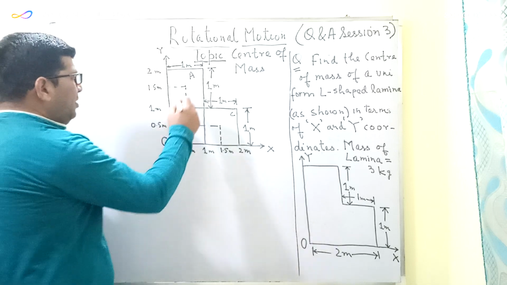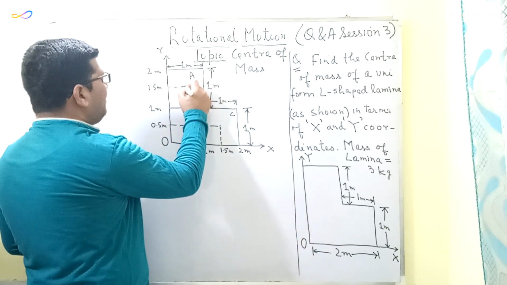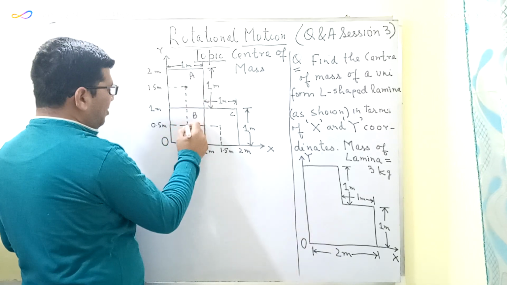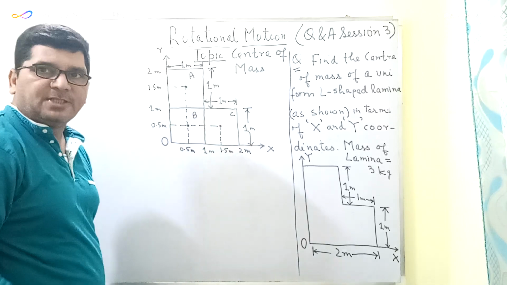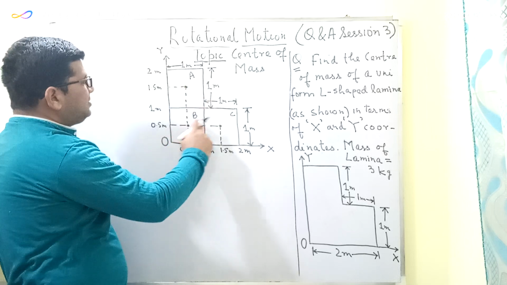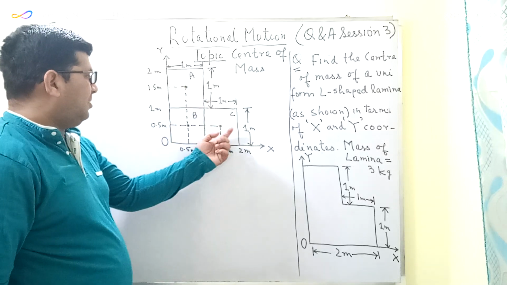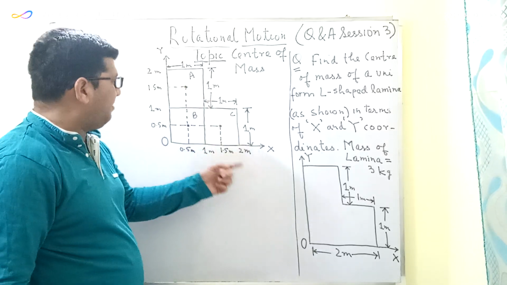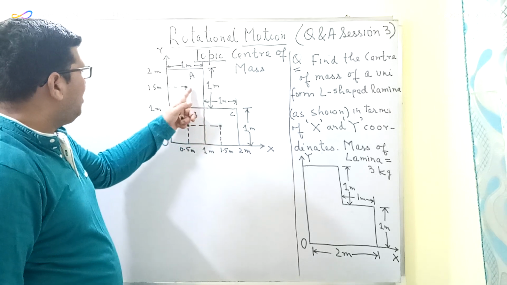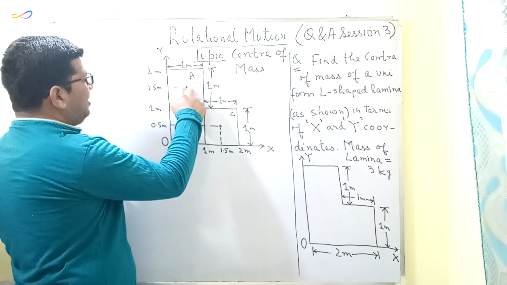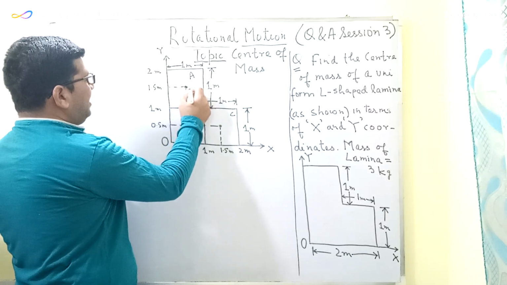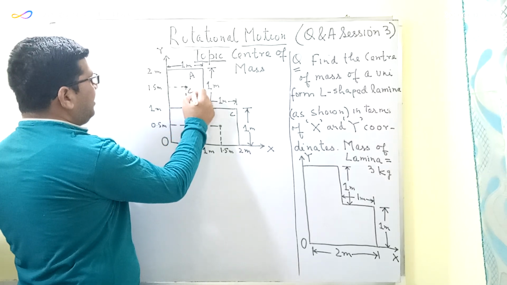Now for uniformly shaped bodies or objects, the center of mass lies at its center. So for these three parts of this lamina, the center of mass of this part, A, will be lying at this center, denoted as CA.